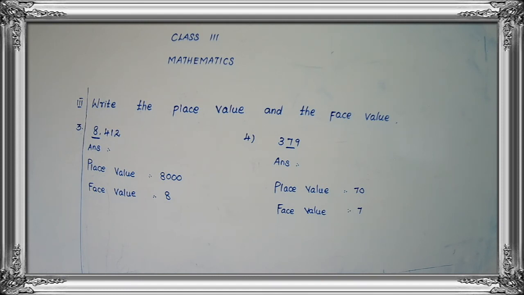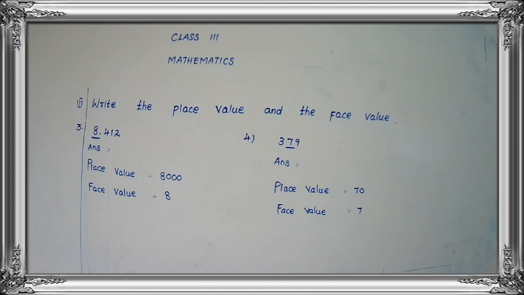8,374. Yes or no, children? Which number is underlined? 8. Okay, 8 is in which place? Thousands. So in the first box you write 8,000. Then see the second one, 6,285. Which number is underlined? 8. 8 is in the tens place.